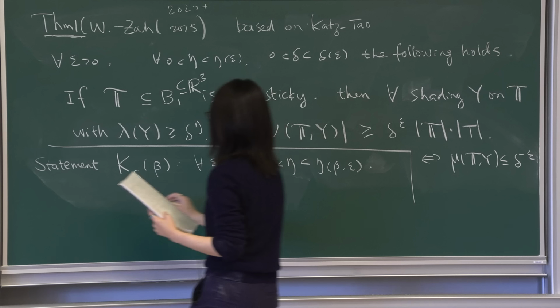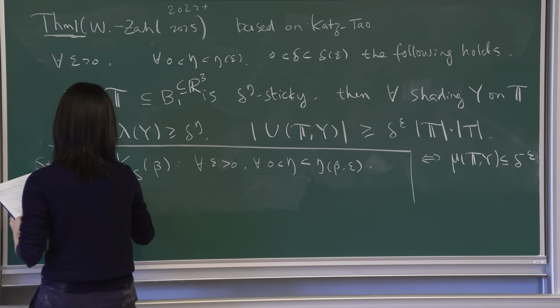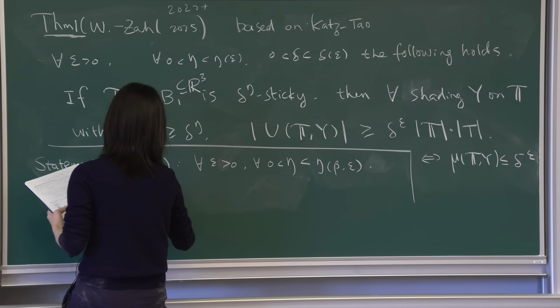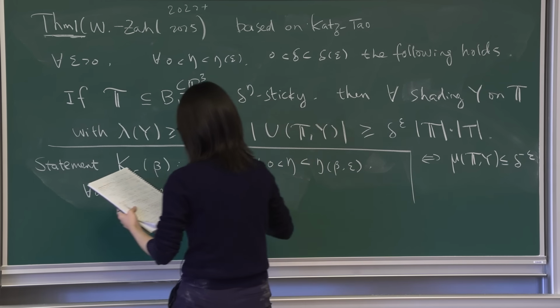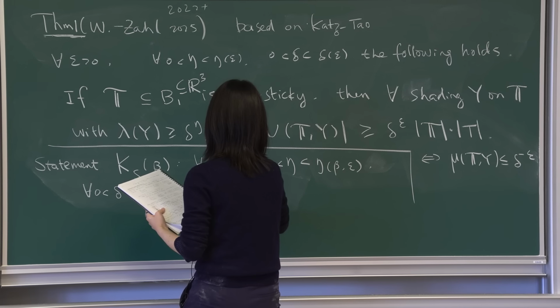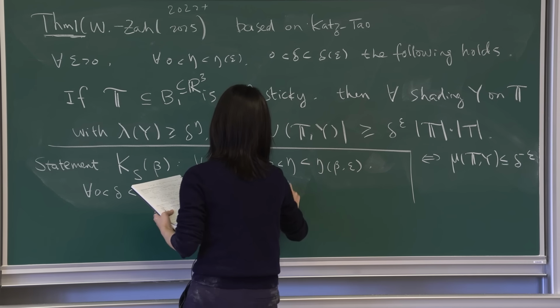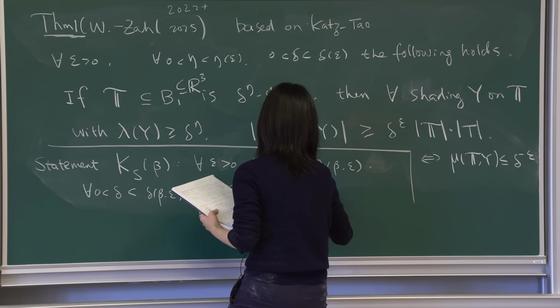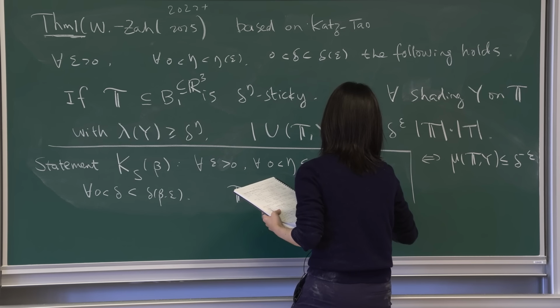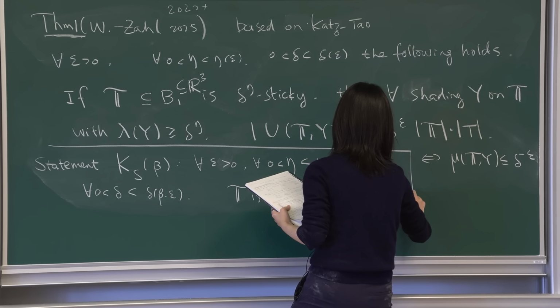The following holds for any delta between 0 and delta beta epsilon. Suppose T is delta to the eta sticky, and the number of tubes is roughly delta to the minus 2.